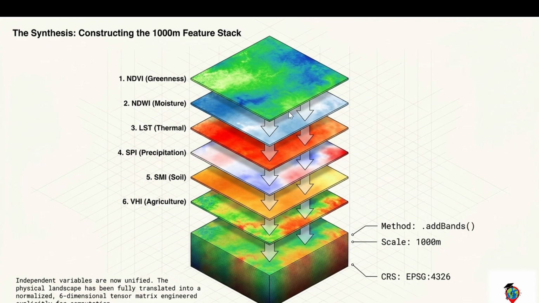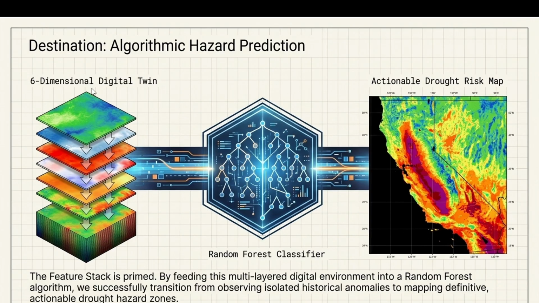Where is the extreme drought? Where is the severe drought? Where is the moderate drought? We try to identify that. Finally, we apply the random forest classifier and identify where is the high drought and where is the low drought. We try to identify the drought risk map. So this is our final output. Our main target is to create this type of drought hazard map using the 6-dimensional indices.